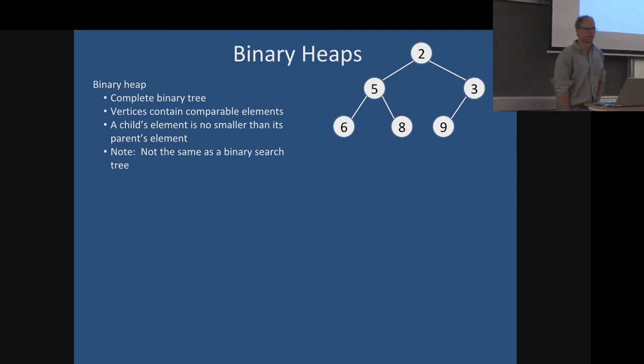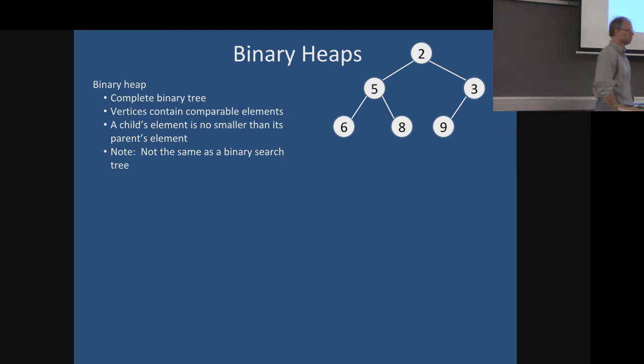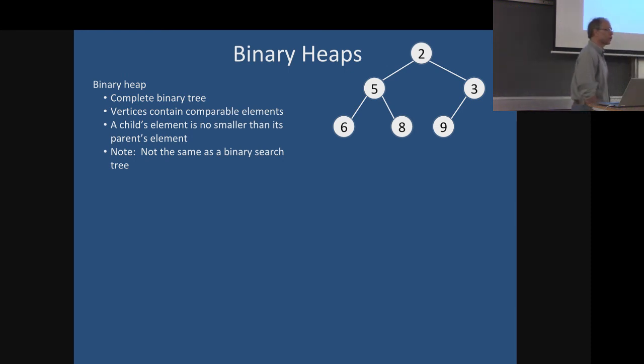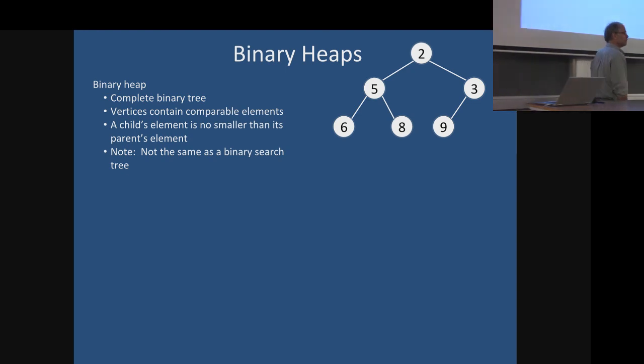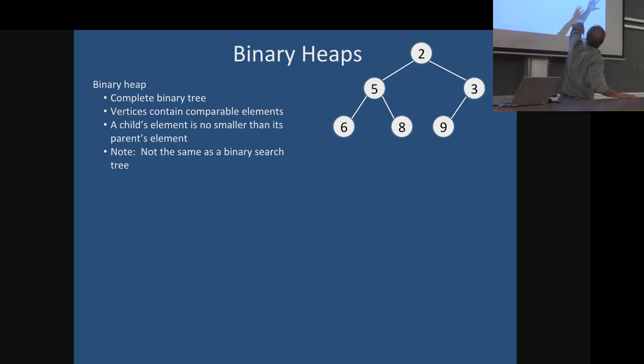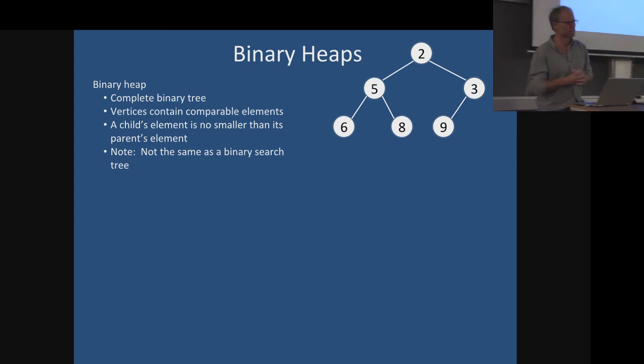But there's one more thing we need to make it complete. What also has to be true of the shape of the tree? Right. Any holes have to be all the way to the right. So when you fill the bottom level, you start from the left and fill in left to right. So that's what complete is.